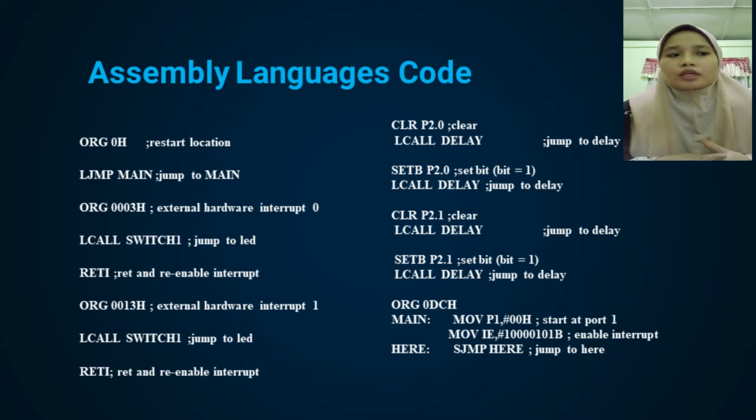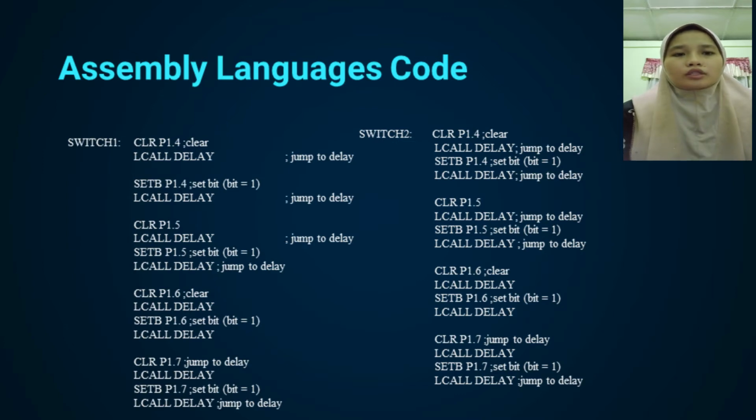After that, we enable the interrupt with MOV IE, 10001010B. Then at the switch for the LED, we declare port 1 as the output, starting from P1.4 until P1.7, which are for the LED and one speaker.